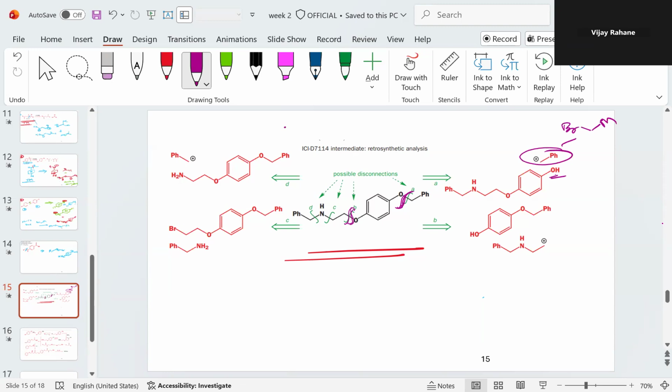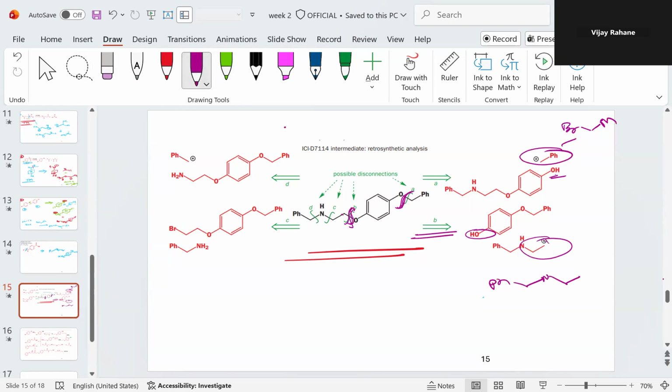The second possibility is disconnection on this point B. Upon disconnection, what do we get? This entire part with this alcohol, and at this point there will be this cation. That cation can come from either the bromo compound. Whenever I am writing bromo, it can be iodo also, that is also okay, or else I will just draw a good leaving group.